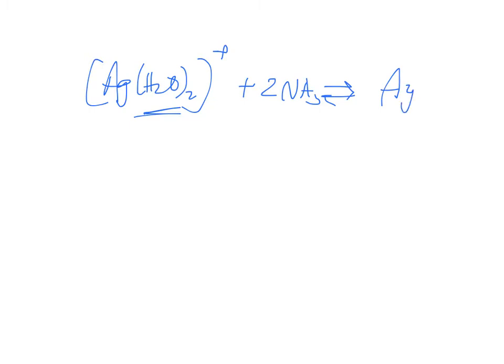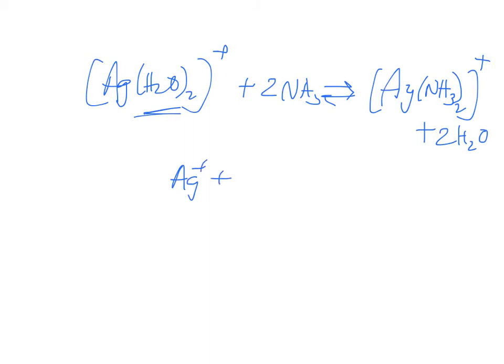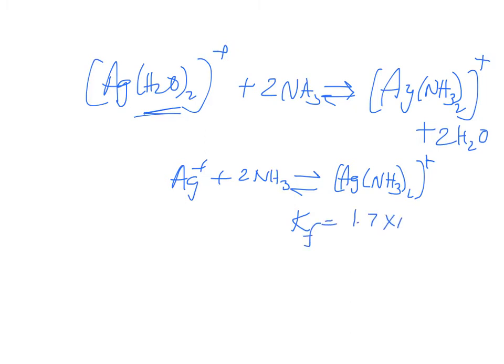So what we are saying is that a more stable complex, Ag(NH3)2+, is going to get generated and is going to displace water from the system. So one can say that Ag+ can react with ammonia to give you Ag(NH3)2+, and the formation constant for this, Kf, is 1.7 times 10 to the 7th.